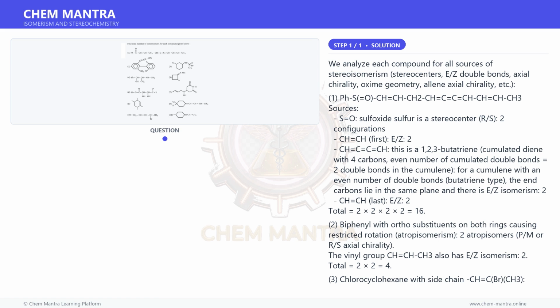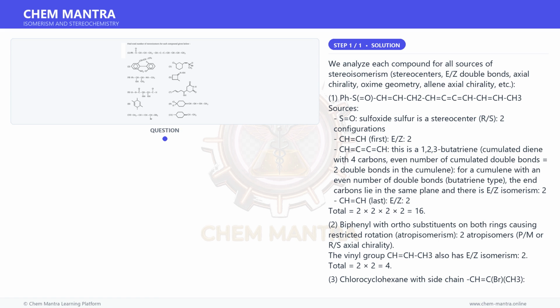The exocyclic =CH creates a double bond where E/Z depends on substituents. =CH-CH3 in the chain, E/Z, 2, but with only 2 independent stereoelements giving 4. Actually, the exocyclic double bond cyclohexane=CH combined with ring substitution may give 2 geometric times 1 ring sp3 center, but recounting gives 2 times 2 equals 4.